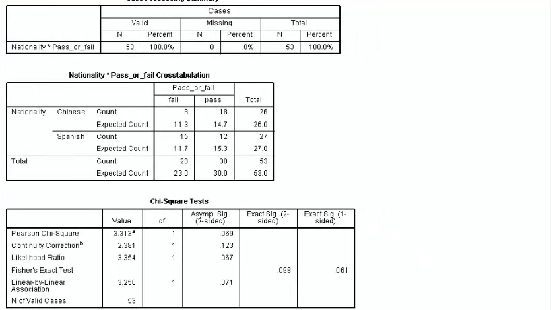Hey, Rosie, this is Rich. Okay, so to interpret this: if the null hypothesis were true, in other words, if there was no significant difference between the pass and fail rates of the Chinese and the Spanish students, then the expected counts should be accurate. If the null were true, you should have got about 11.3 that failed and 14.7 that passed for the Chinese students, and for the Spanish students it's pretty much the same, 11.7 and 15.3.